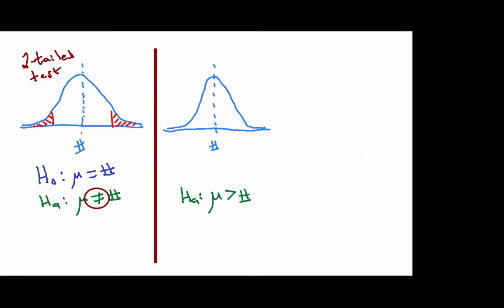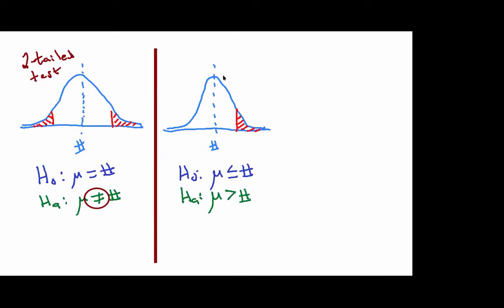That means the null hypothesis would be that the mean is less than or equal to the given number. So if the mean is here or some value less than this value, then I would not be surprised by values down here. Consequently, I would only be surprised by values that fall too far up here.